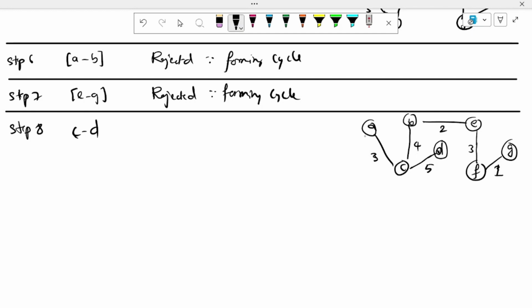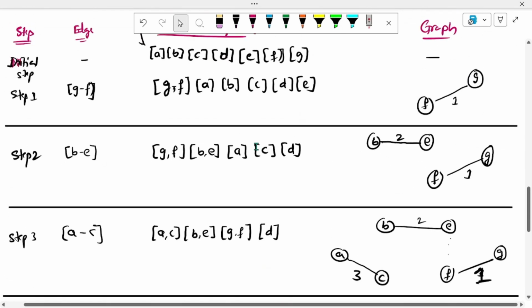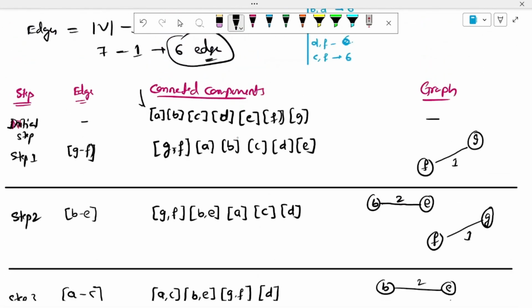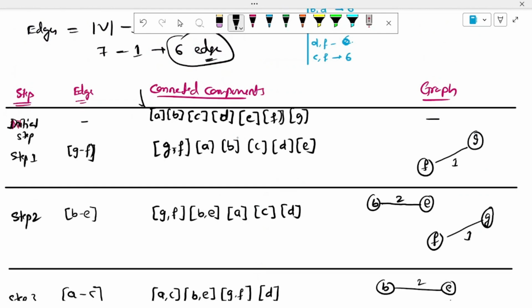Now if you look at our connected components, I can see clearly A, C, B, D, E, F, G, all are connected. Initially I had all separate components. You can see here all these were separate. Okay, let me draw a line here. All these were separate, A, B, C, D, E, F, G in the initial stage.